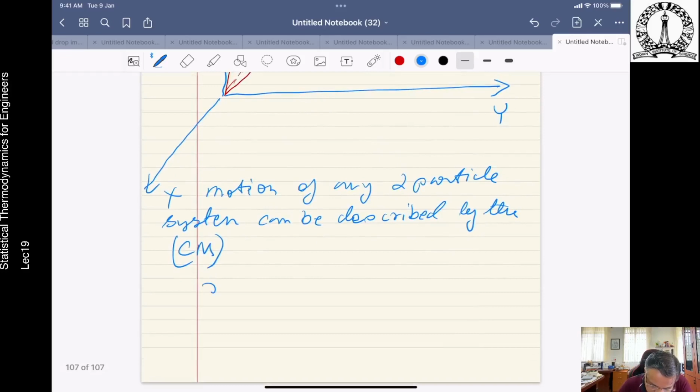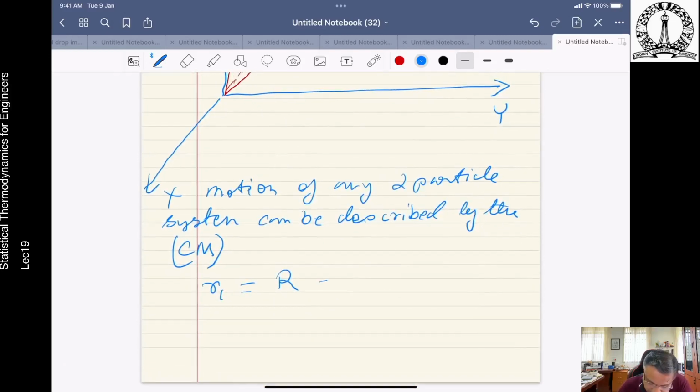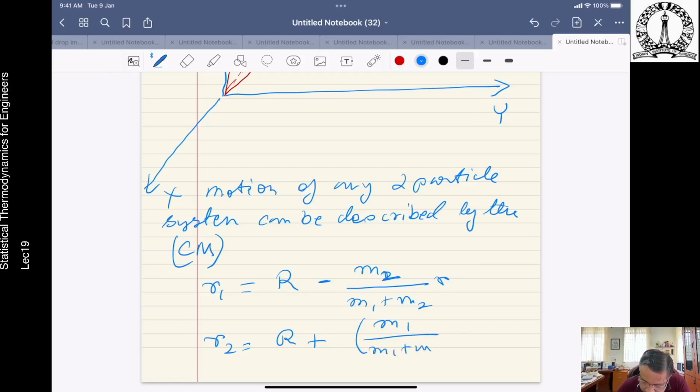So R1 is basically equal to R minus M2 by M1 plus M2 into r, and R2 is equal to R plus M1 divided by M1 plus M2 into r.